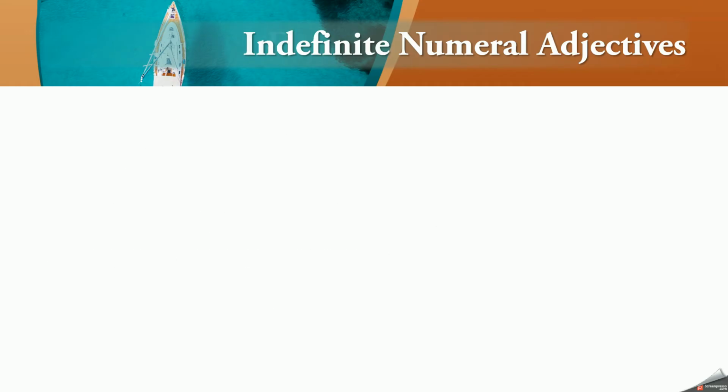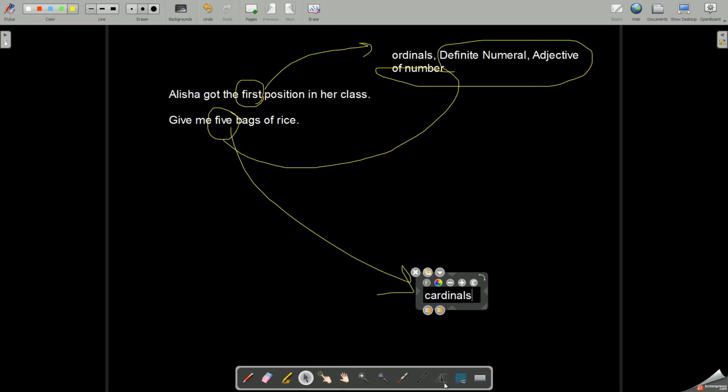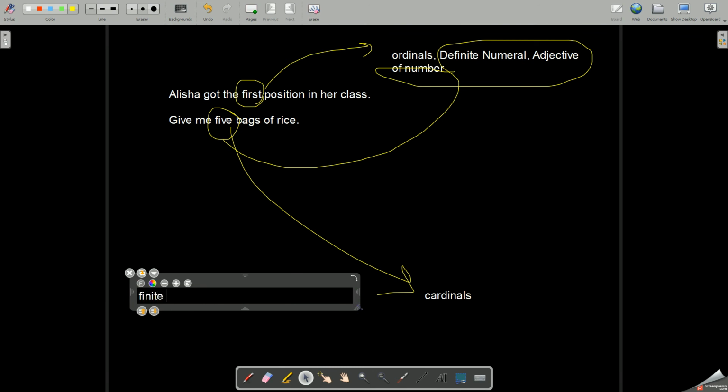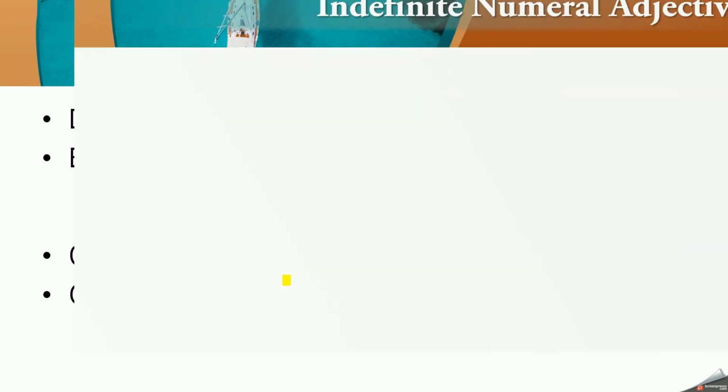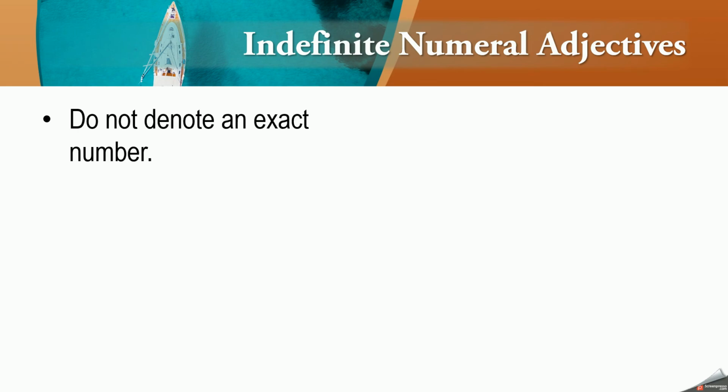Now, definite numeral adjectives mean that you already know how many things there are, that is, a finite number of things exist. Whereas in case of indefinite numeral adjective, the number of nouns or the number of things or persons is not known, and does not denote an exact number.